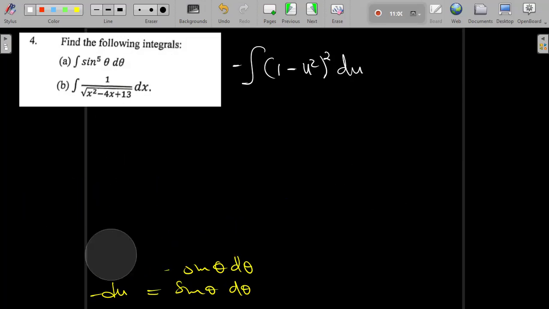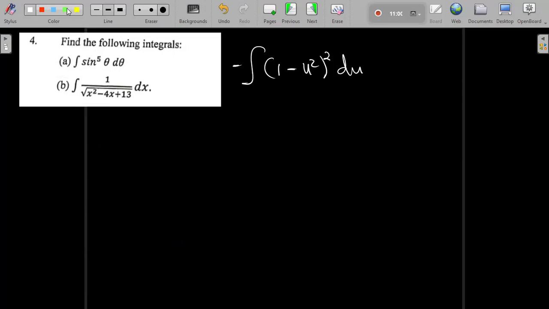Okay, so now what do I do next? It's now a U substitution. I can expand that. I'll get 1, then negative 2 u squared, then of course plus u to the power 4, then du. From here I can integrate each term with respect to u.